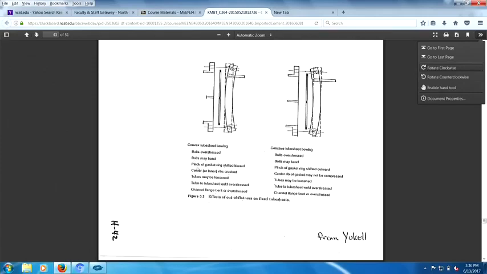May bend, pinched gas, lots of reasons for that. That's not good. Over here we have concave. Lots of reasons for that. That's not good. So it's Goldilocks. Not too tight, not too loose, but just right.